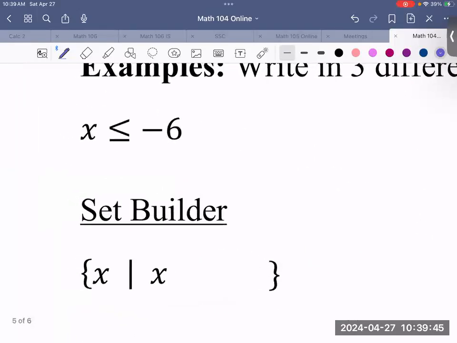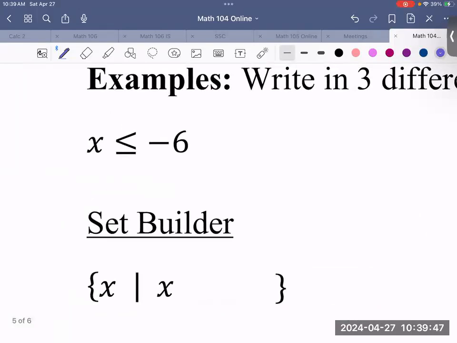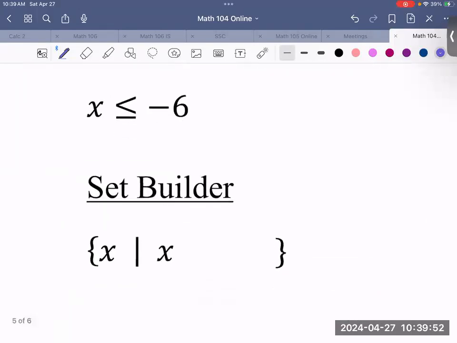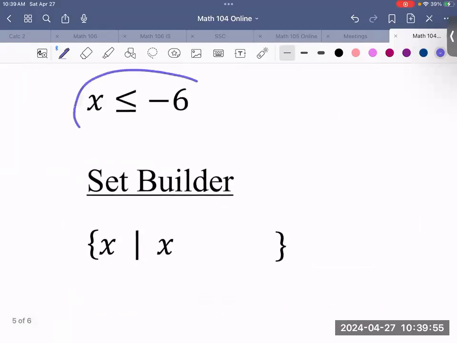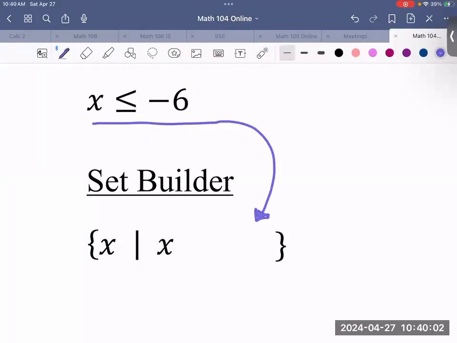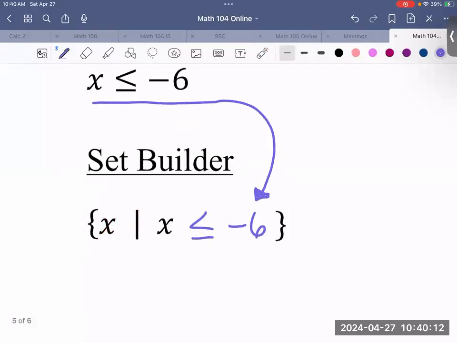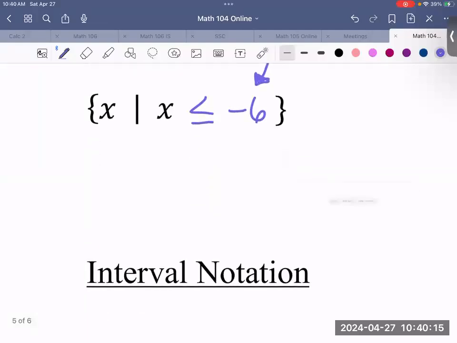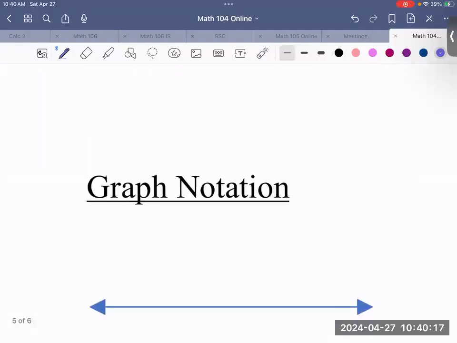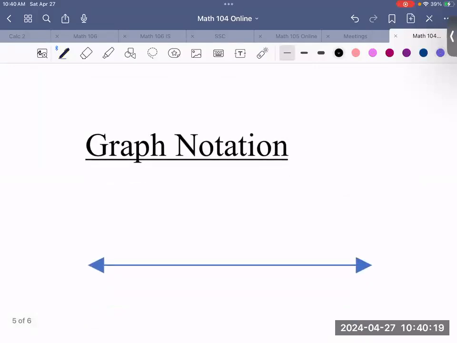Okay, so how can we read something like this? It says X is less than or equal to -6. So in your set builder, if we're going from inequality into set builder, we're just going to take this and rewrite it into this space right here. This says X is a number such that X is less than or equal to -6. And if we wanted to write that in interval notation, well, I'm always a huge fan of your graph first.